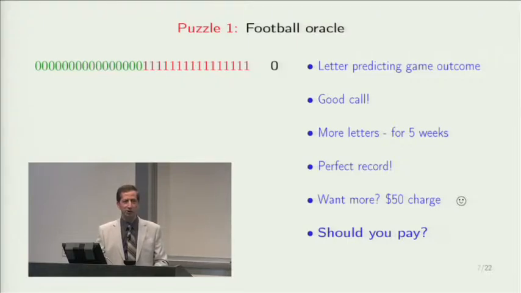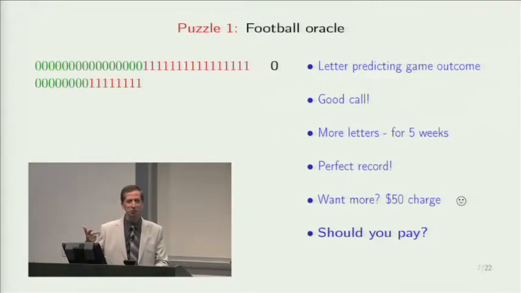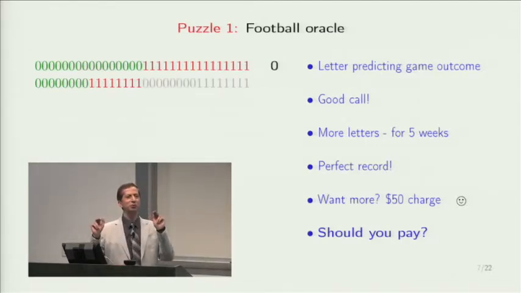So in the second week, he goes for the guys that he was right with and sends half of them that the home team will lose, and the other half that the home team will win. Now, he had plans to send the other guys something similar as well, except that it's hopeless now because they already lost with them. So they are not going to pay him the $50.